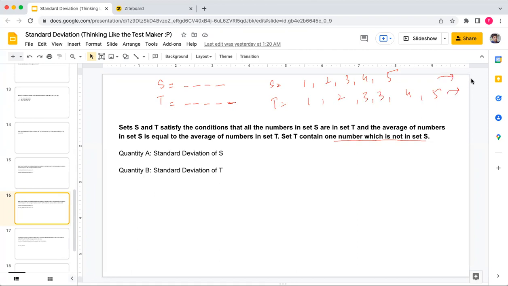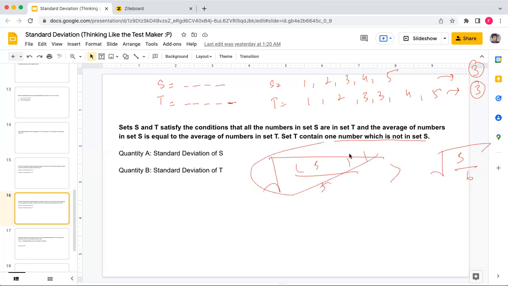Now if you see, the average is the same, 3. But if you find the standard deviation, the upper portion, the sum of squared deviations, will be the same, and the only difference will be in the denominator, right? This is the same and this is the same. The total number of elements in the first is 5, in the second is 6. That's why quantity A is greater.